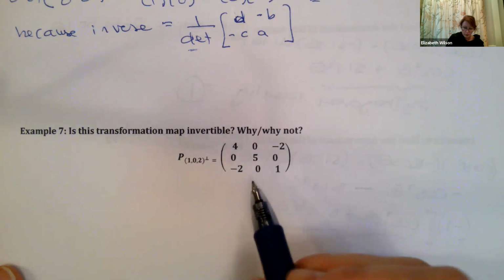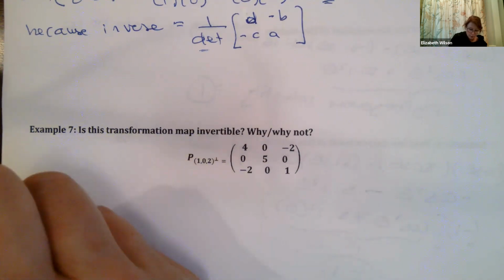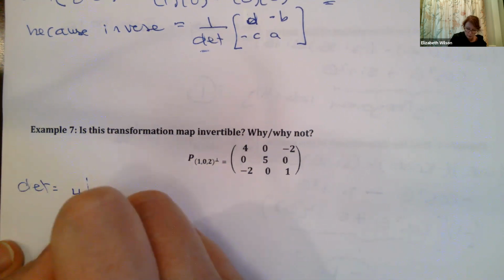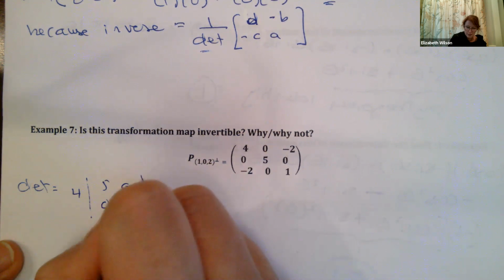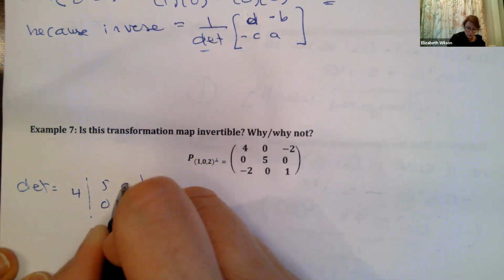So let's try this one. Is this map invertible? Why or why not? Let's try our determinant. It looks like a projection map. I'm guessing probably not, but let's prove it to ourselves.